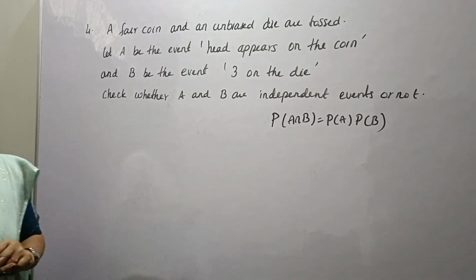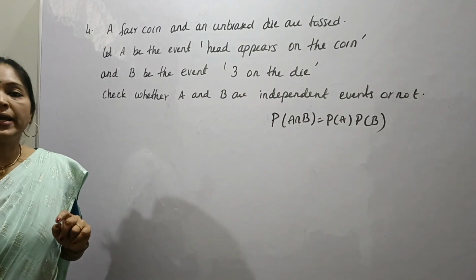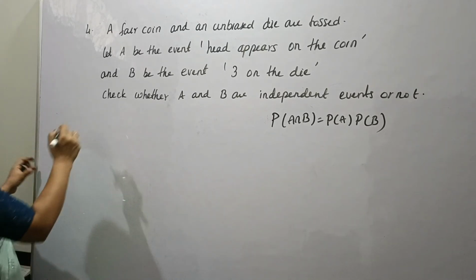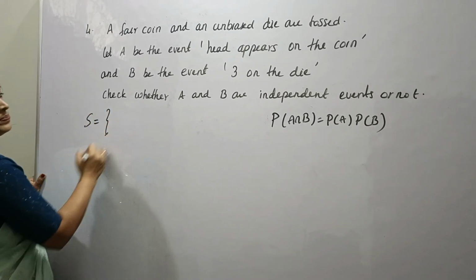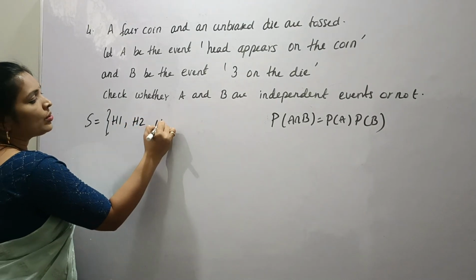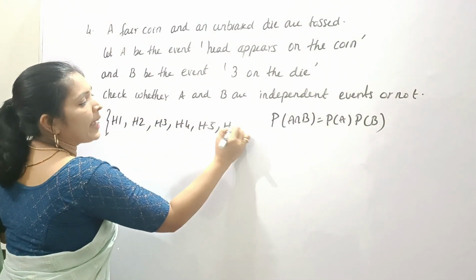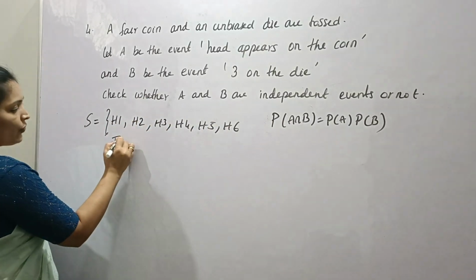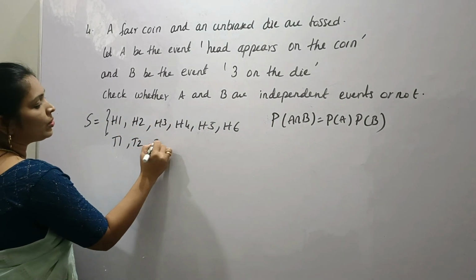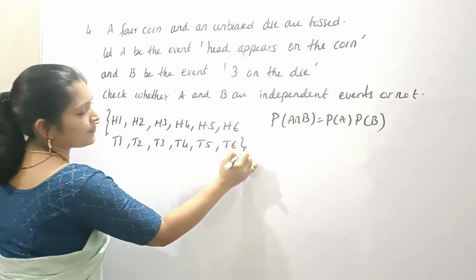Okay, so what is the experiment? A fair coin and an unbiased die are tossed. So what are the possible outcomes? Sample space: H1, H2, H3, H4, H5, H6. Next T1, T2, T3, T4, T5, T6.